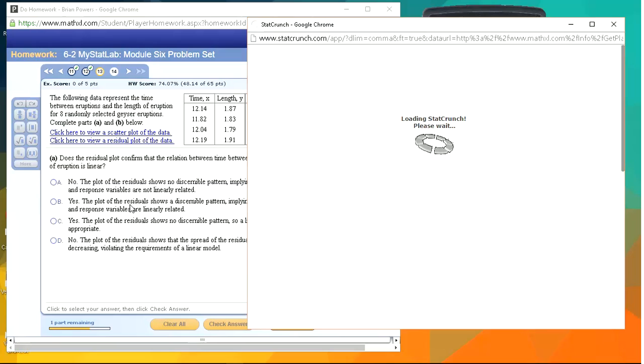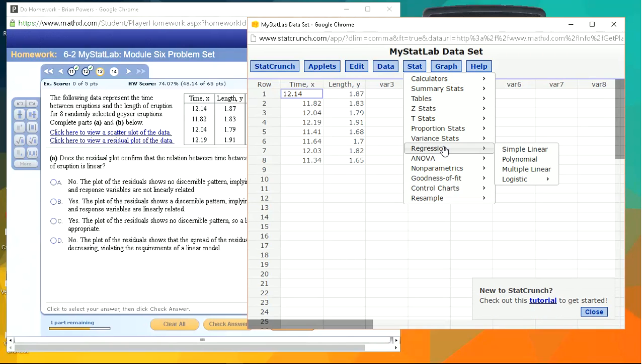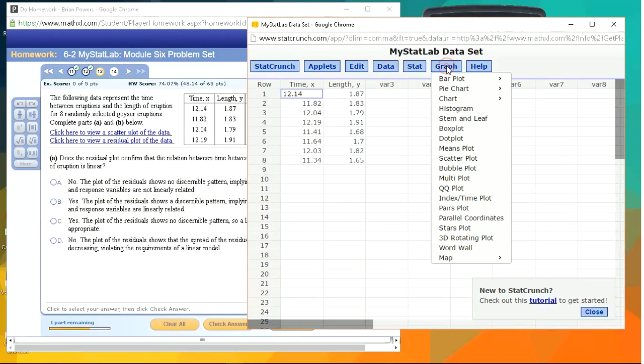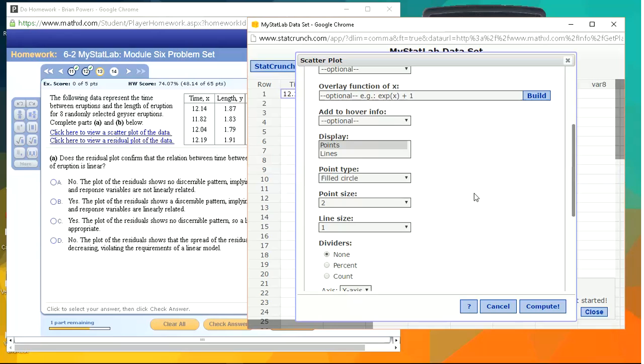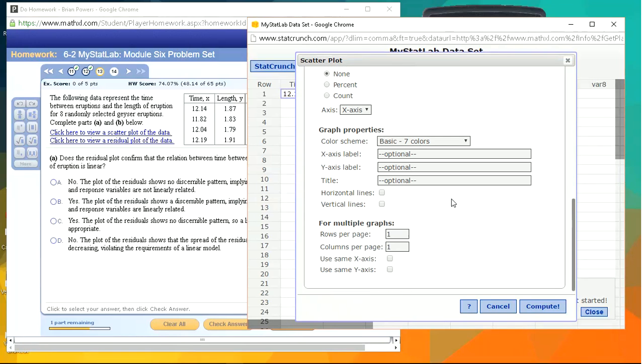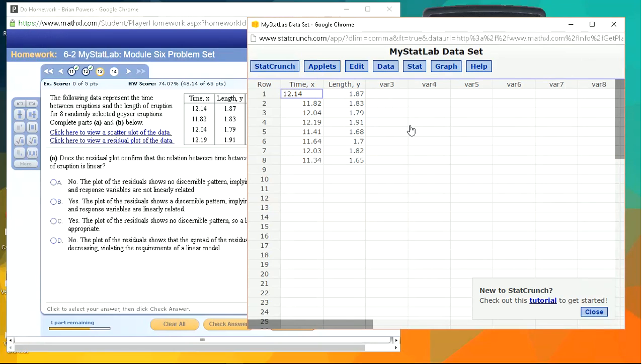Since it's asking us to look at the residual plot, we could click there and look at it, but just for argument's sake, I want to create a regression and graph the residual plot.